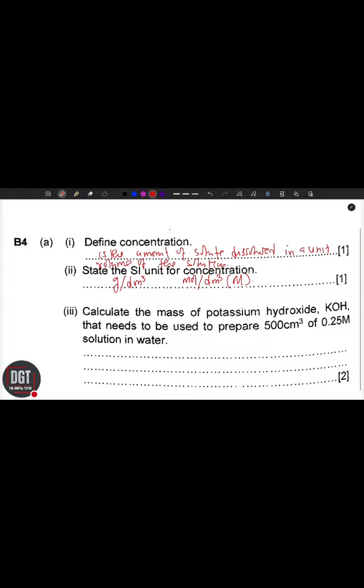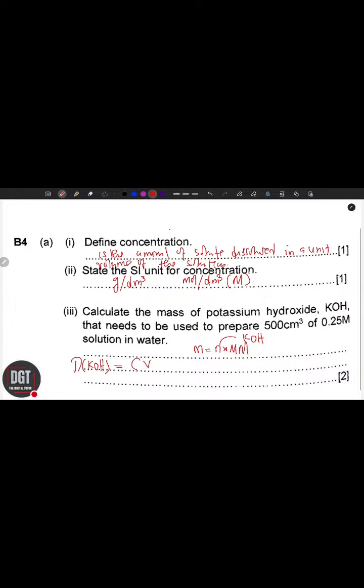To calculate the mass, you know that mass is equal to the number of moles multiplied by molar mass. So we need the number of moles of potassium hydroxide and its molar mass. We find the number of moles first, using what is given: concentration multiplied by what?